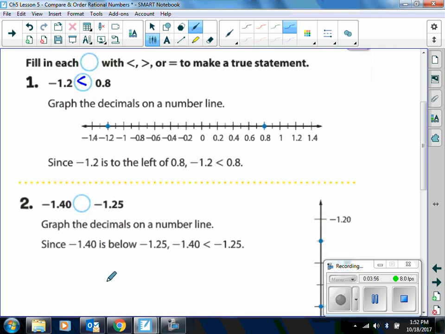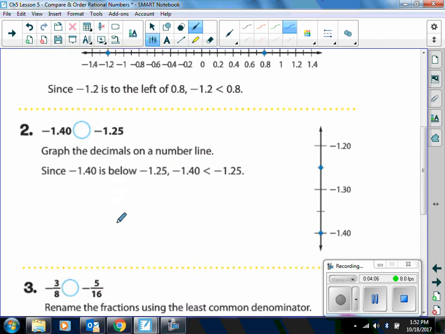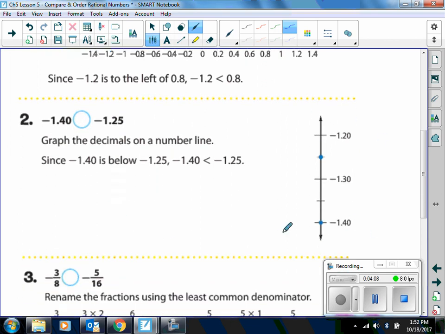Now, here we have a negative 1 and 40/100 and a negative 1 and 25/100. Here, we're going to graph the decimals on the number line. And this is a vertical number line, okay? So, when we graph these on the number line, down here is negative 1.40, negative 1 and 40/100.